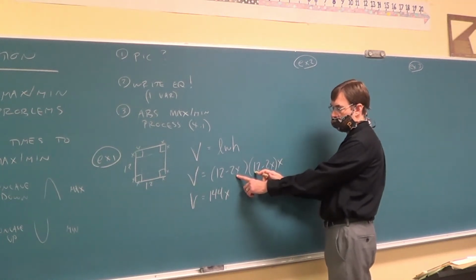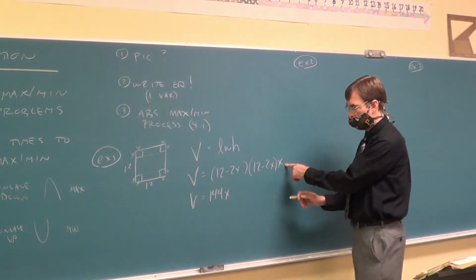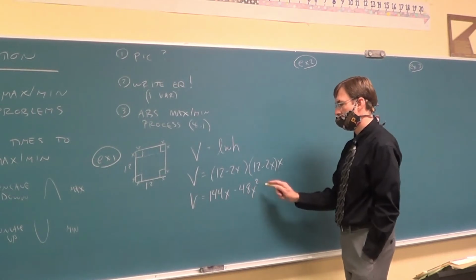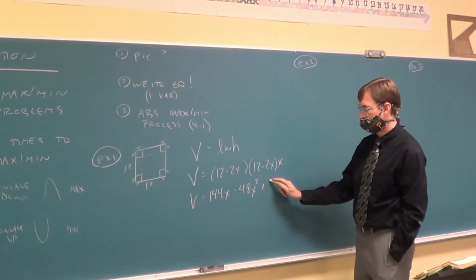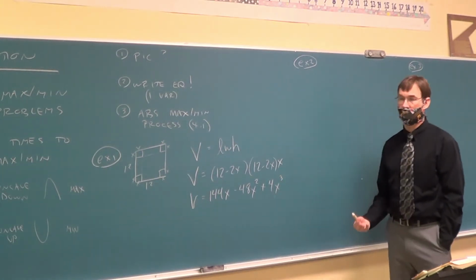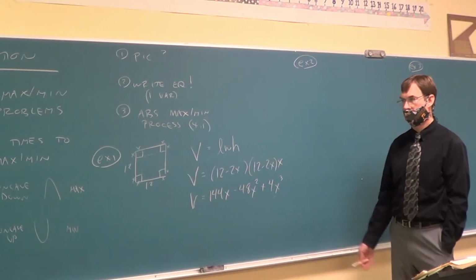This foil combined with this, with the bonus X squared, so negative 48 X squared. These foil with the bonus X. That's the part that makes these problems hard. It's just the hoops you have to jump through at the beginning.